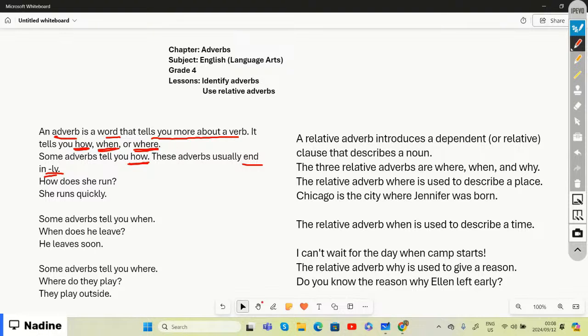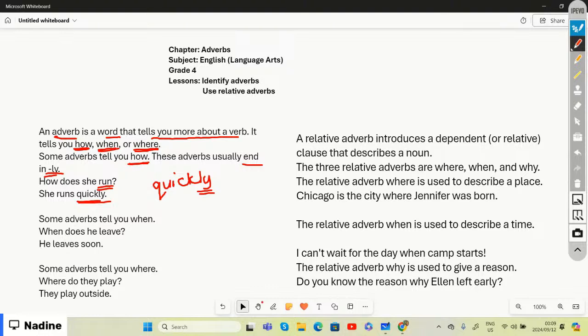So now the question can be, how does she run? Remember, run is a verb, and with adverbs, it tells us more about the verb. So how does she run? We can say she runs quickly. Quickly is our adverb and it ends in ly. She runs quickly.